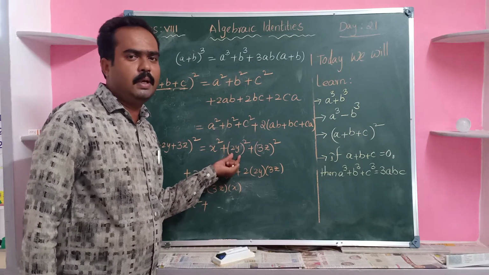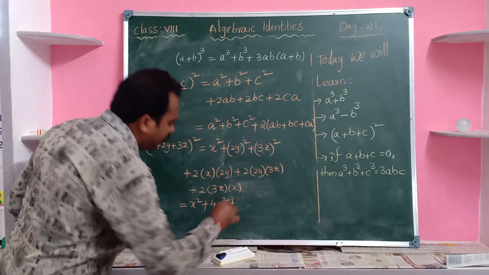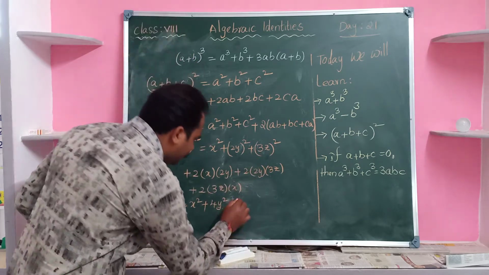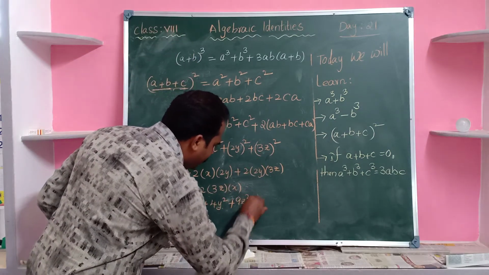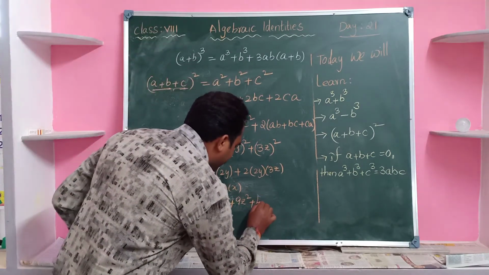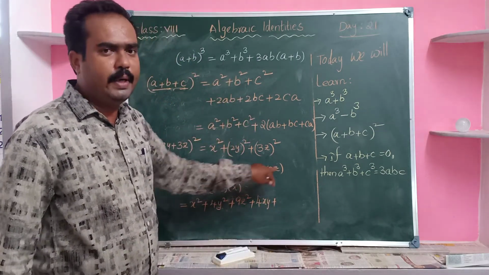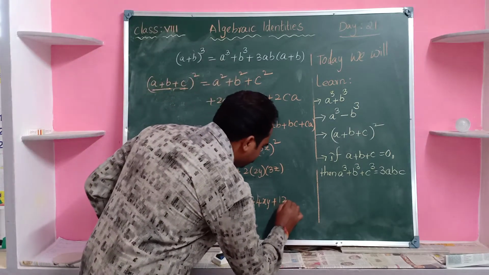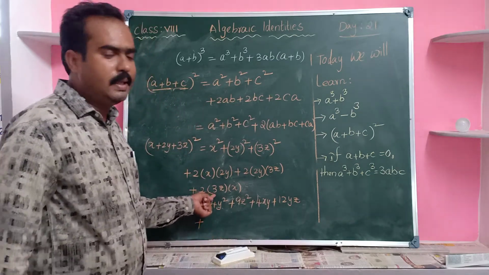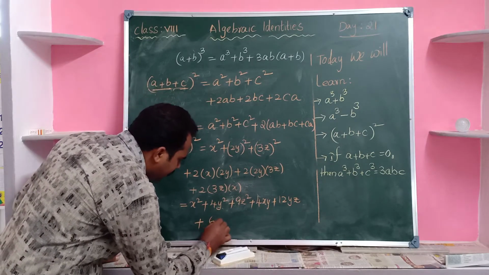What is (2y) whole square? 2y into 2y, 4y square, plus (3z) whole square, 3z into 3z, 9z square, plus 2 into 2, 4, x into y, 4xy, plus 2 into 2, 4, 4 into 3, 12, 12yz, plus 2 into 3, 6, z into x, 6xz.